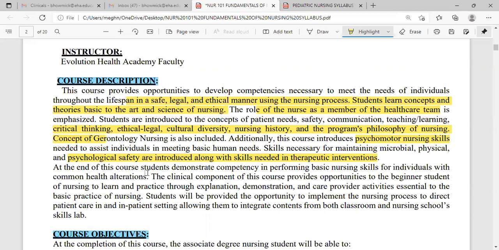At the end of this course, students demonstrate competency in performing basic nursing skills for individuals with common health alterations.